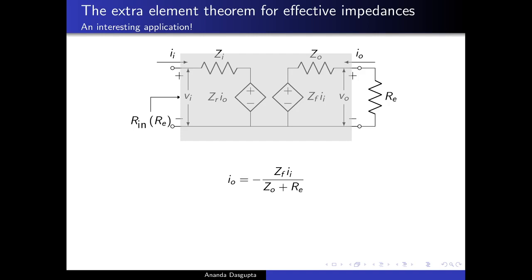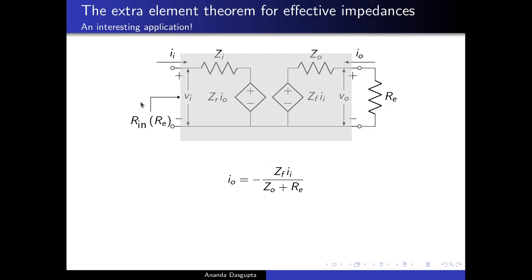Just by looking at the equivalent circuit on the output side, you can immediately see it's a voltage source in series with the total resistance. So Io is simple. It's the voltage source divided by the total impedance with a minus sign. The minus sign once again because this voltage source is going to drive the current in this direction, and Io is flowing in the opposite direction. So a minus sign. Fine.